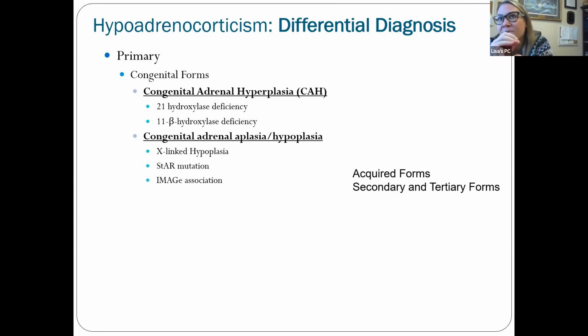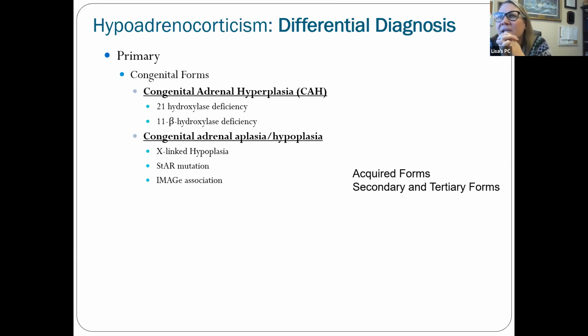Different from congenital adrenal hyperplasia is congenital adrenal hypoplasia, which is not the same as CAH. We usually call it adrenal hypoplasia, so there's no confusion. And there's different forms of that. There is an X-linked form where the adrenal glands just don't form.